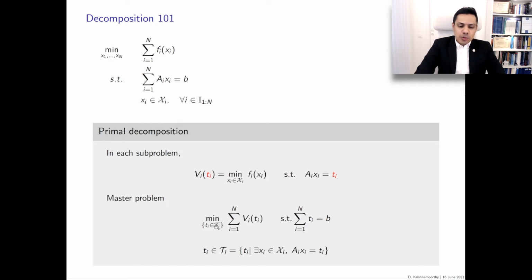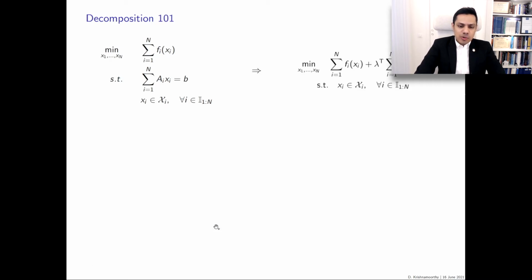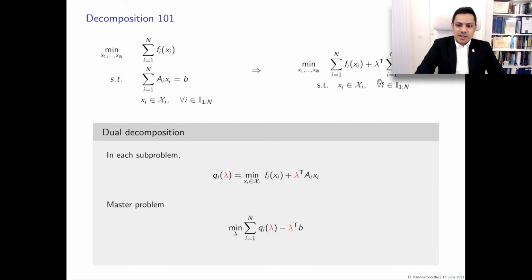Okay, so in dual decomposition, what we do is we relax the coupling constraint and bring it to the cost by multiplying it with its Lagrange multiplier lambda. And then we also have these additional constraints, which are the different local constraints. Now we see that this optimization problem is additively separable for a given Lagrange multiplier lambda.